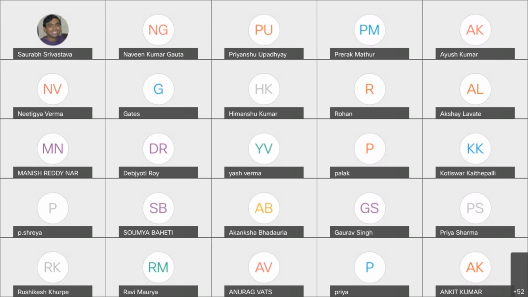So whomsoever would like to be a volunteer, please put it on chat. Oh yeah, Akshay has made a comment. I didn't see. Yeah, so basically your code has a higher time complexity.